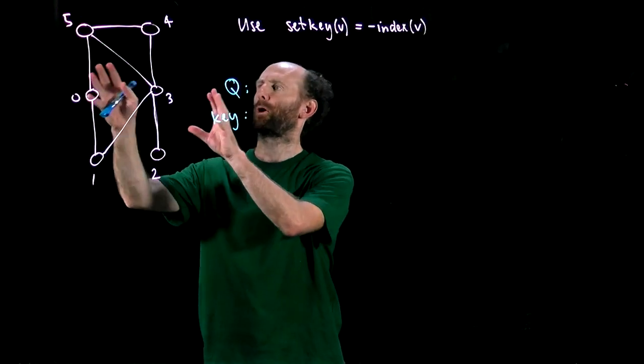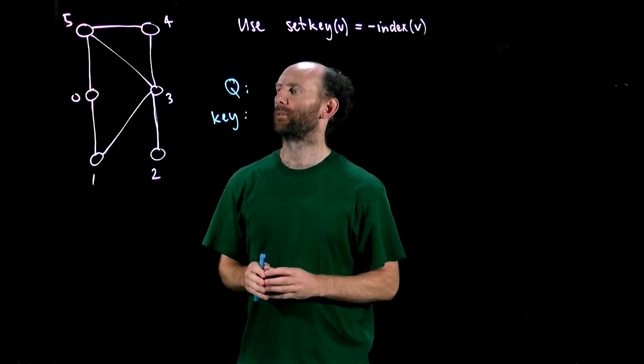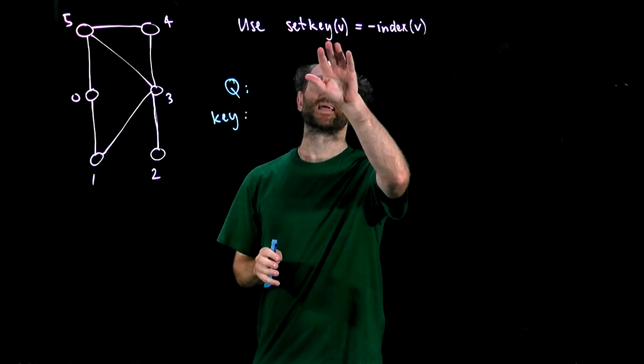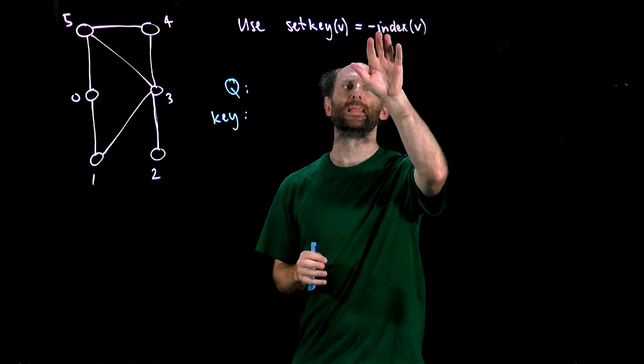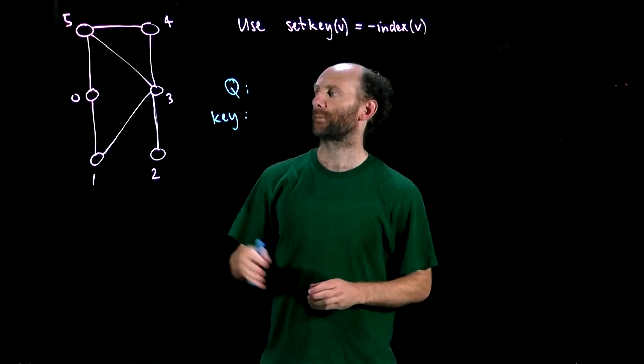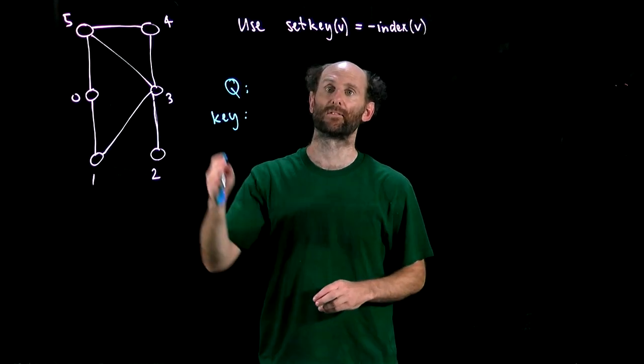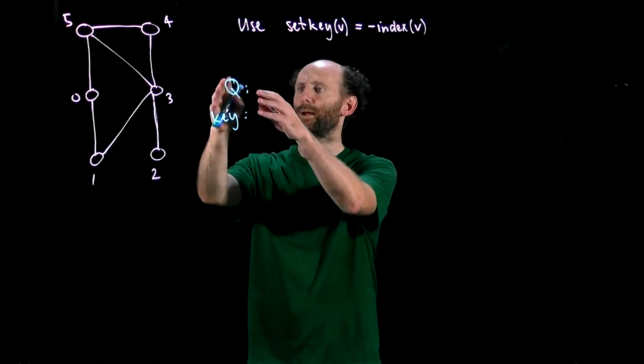So let's do a priority first search of this graph, and we'll use the key of a node to be the negative of its index. So when we put this node into the queue, we'll give it a key of -3. Okay, so I've set up my queue.